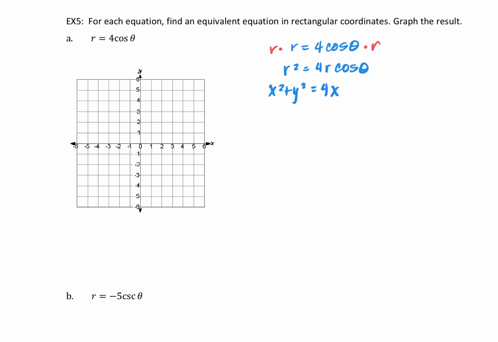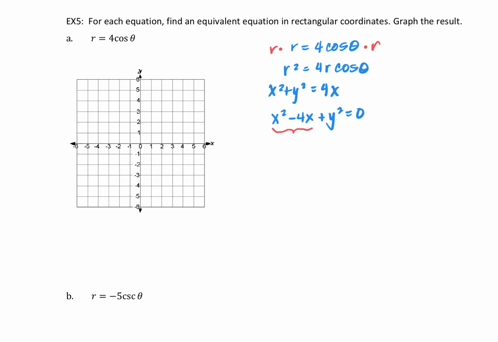Since the x is squared and the y is squared, that tells me that it might be a circle. And typically when we graph circles, we want to bring all the x's together and all the y's together. So if I minus the 4x from both sides, then I could have the x squared minus 4x together, and then I would complete the square here on the x squared minus 4x.